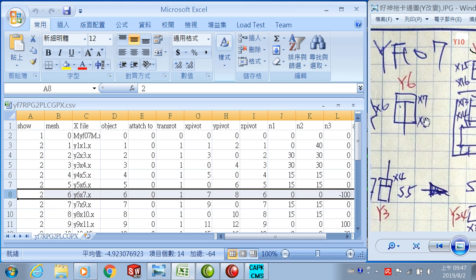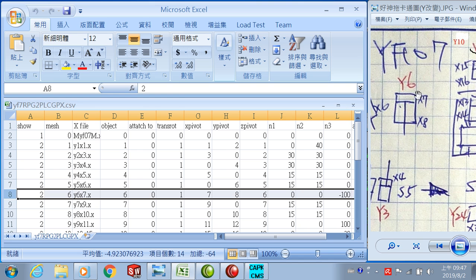The lower limit sensor S8 is input 8, actuated by Y6. The moving is this direction, which is minus Y. S0, Y0, minus Y 100 millimeters moving, and pushes the inner piece downward 100 millimeters.